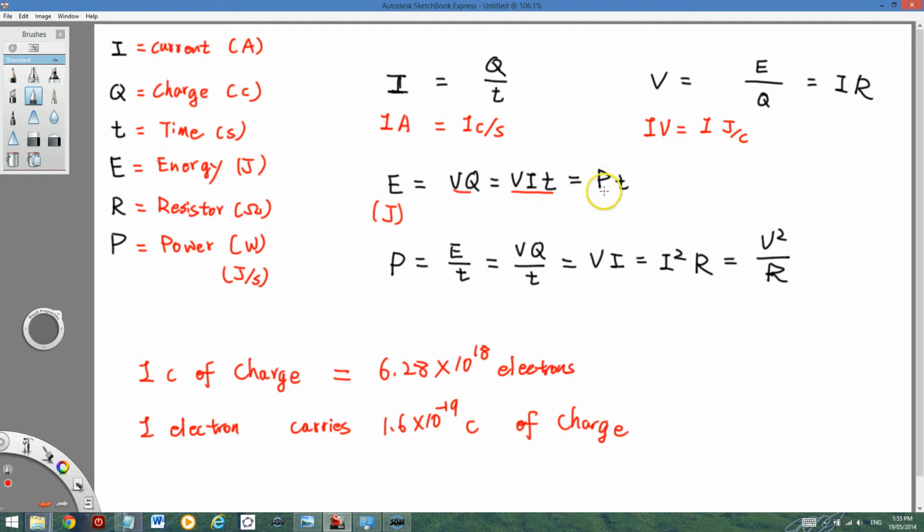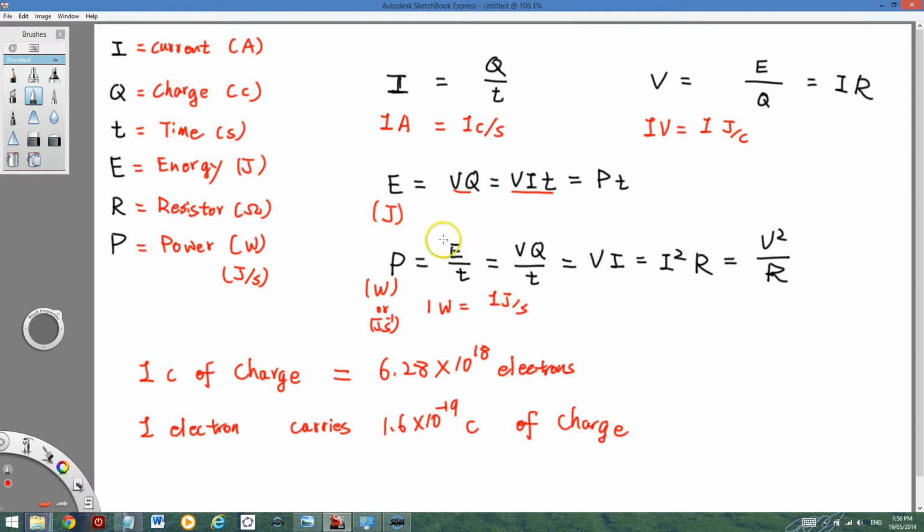Also, if you multiply power and time, you have the energy in joules. Power is measured in watts, or joules per second. So 1 watt is basically 1 joule per second.